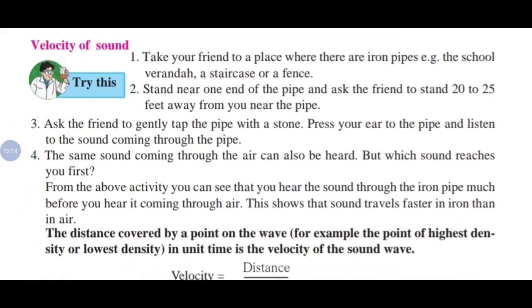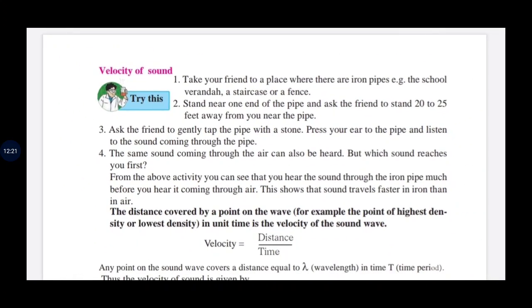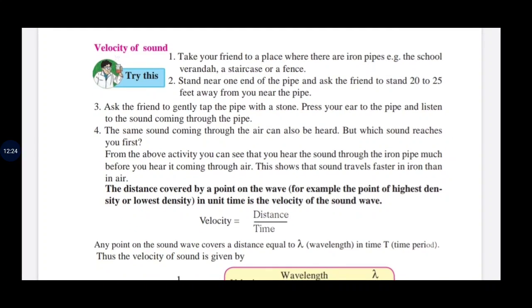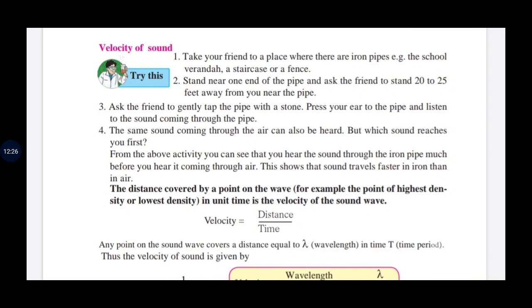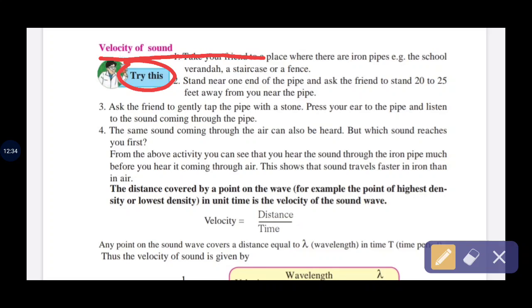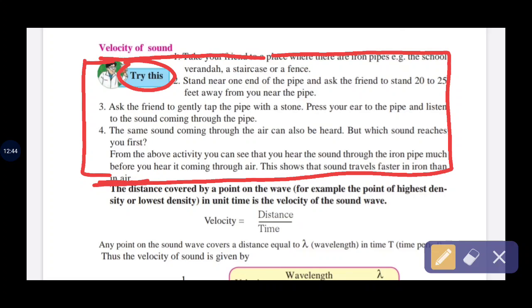On the next page, what is the omitted part? I will explain what that is. The Try This concept given here is omitted, up to here. So this box is totally omitted from our syllabus.